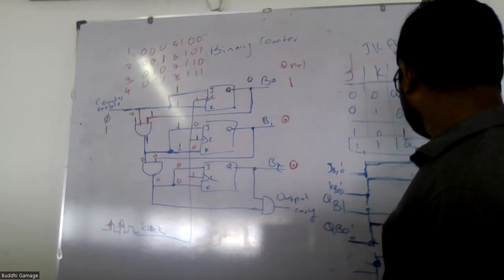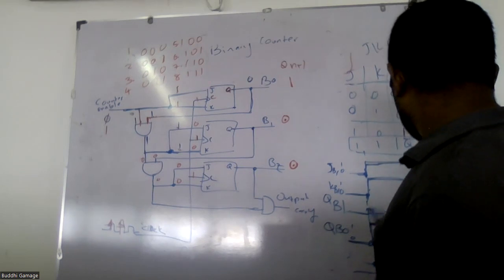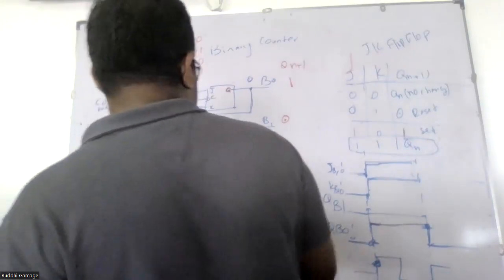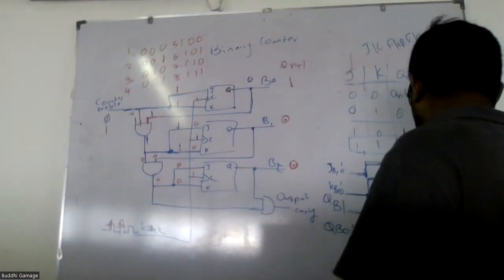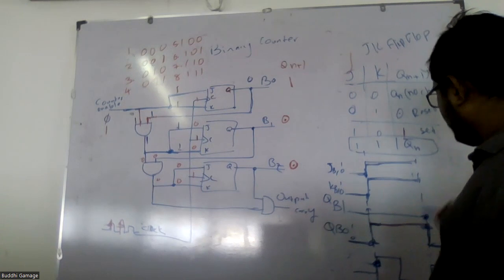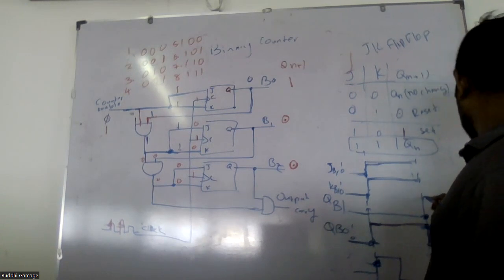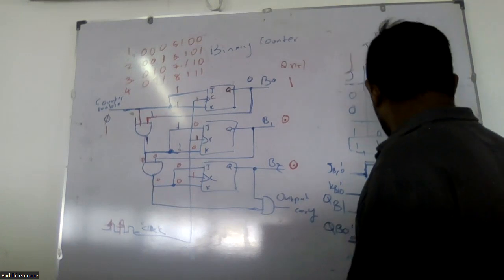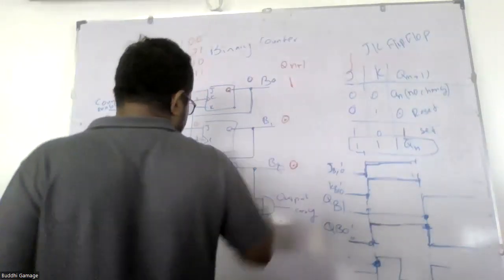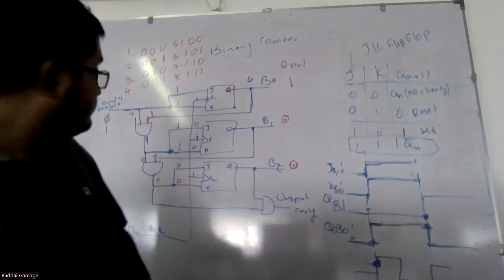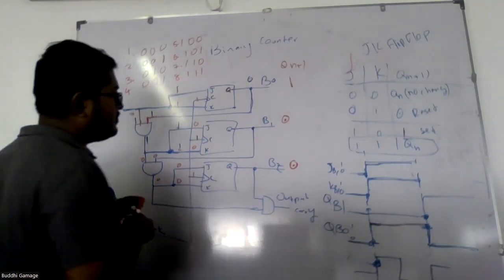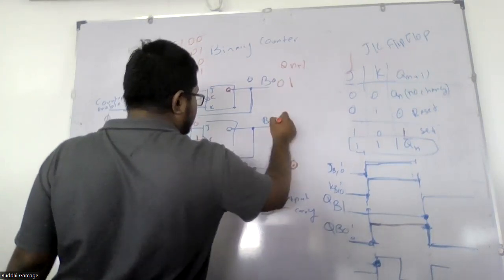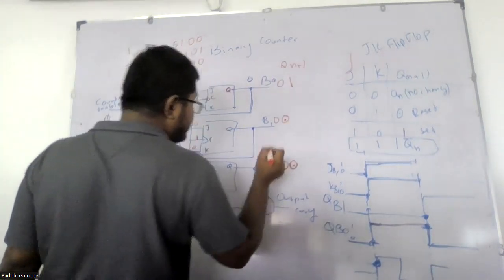So now this is 1. This is 1. So our QB1, this one, should also change. So here the value is 1, 0. Now it should change to 1, right? So this should change to... previously it's 0, 0, 0.